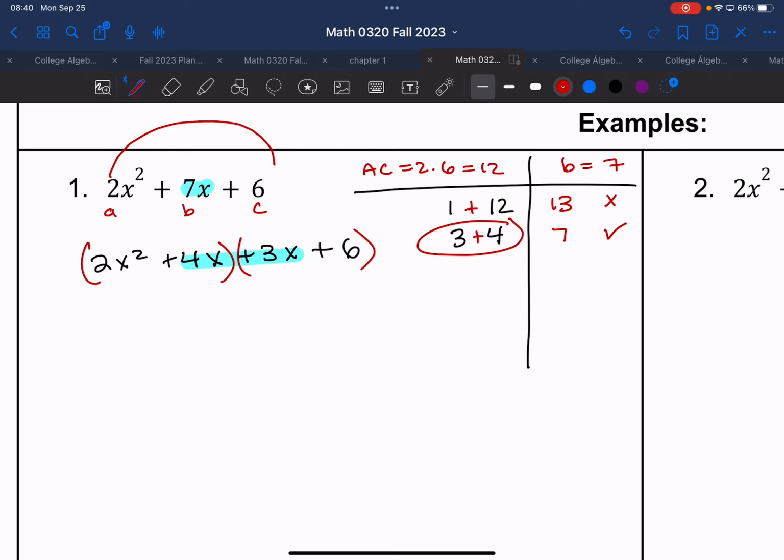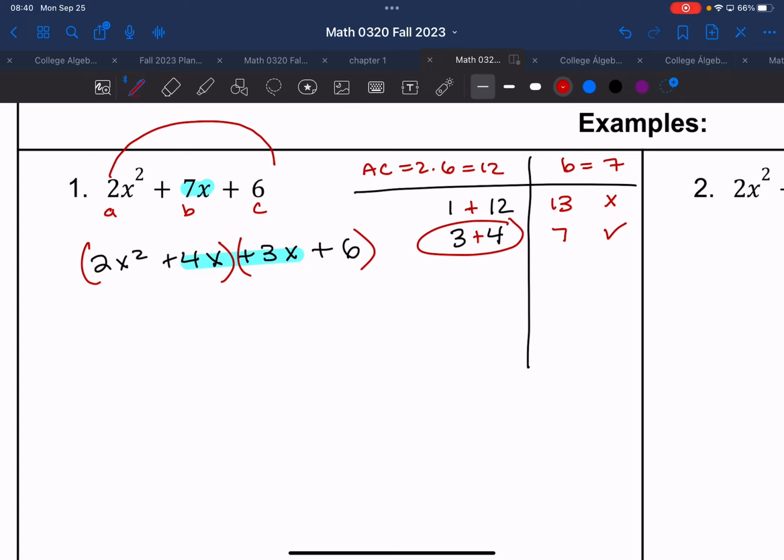Notice when I start factor by grouping, why did I not write 3x plus 4x? There's a reason I wrote 4x then 3x. Any thoughts? It's not wrong either way you do it. There's just a reason I did it this way. Because look at my groups. Oh, to keep the ratio the same between the two of them. Good.